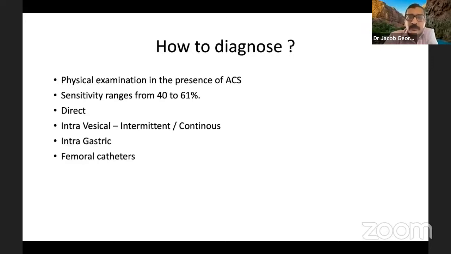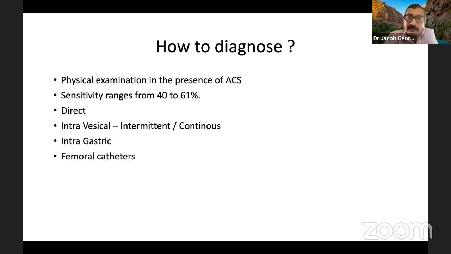Otherwise, you can do it intravesically through the Foley's catheter, which can be either intermittent or continuous, or intragastrically through your nasogastric tube, or if you have a femoral line, you can also transduce the CVP, because the changes in the abdomen pressure are reflected by the changes in the femoral CVP.